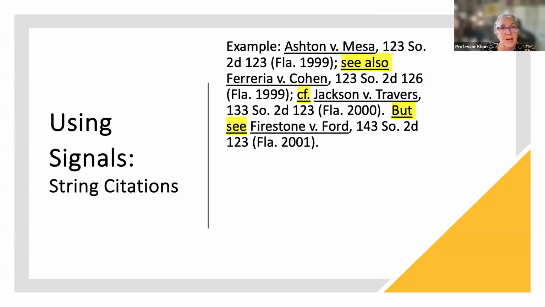You have a CF, Jackson, and then you start a new sentence with a but C, and of course the B of but is capitalized because it's the start of a new sentence. Remember that when you're using those other signals, it would be recommended that you have a parenthetical so the explanation I'm giving you would make more sense, and so that the reader would understand what these all do.